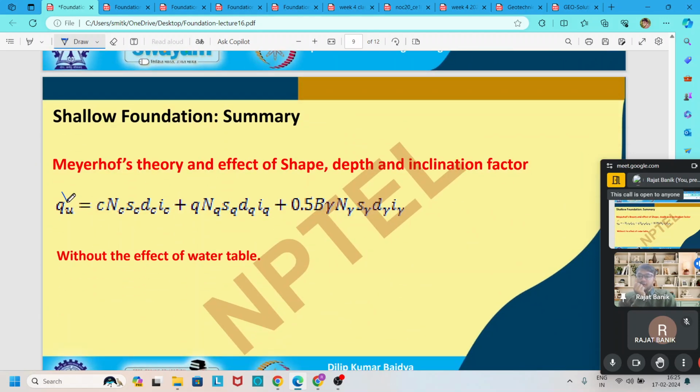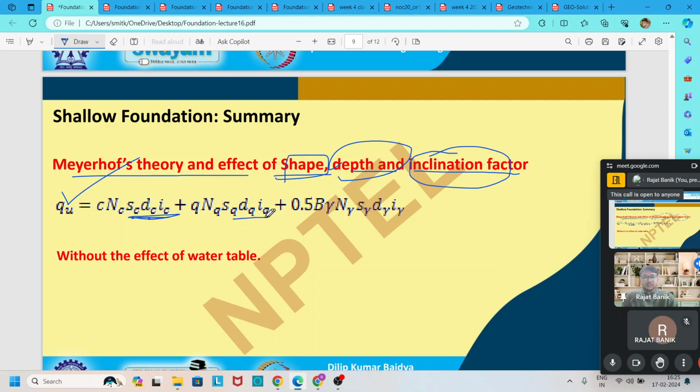Then we come to Meyerhof's theory, which is governed by the shape, depth, and inclination factors of the load: the shape of the foundation, depth of the foundation, and inclination of the loading. There are some factors taken care of: Sc, Sd, Ic, Sq, Dq, Iq, S gamma, D gamma, I gamma.